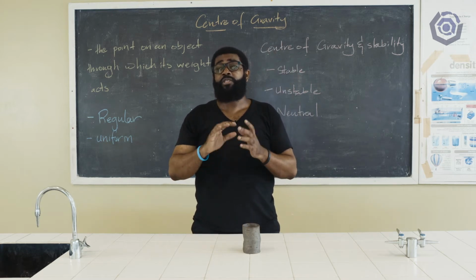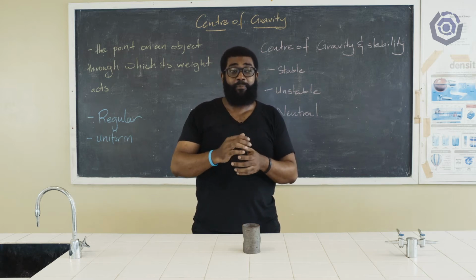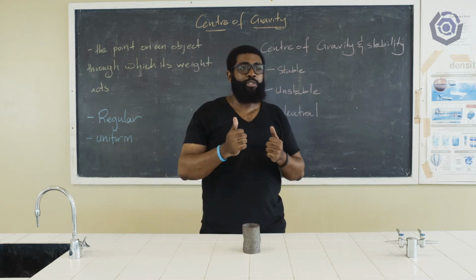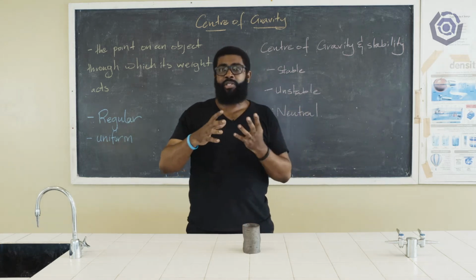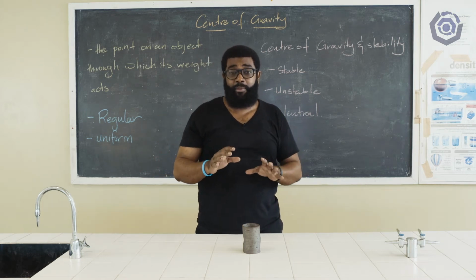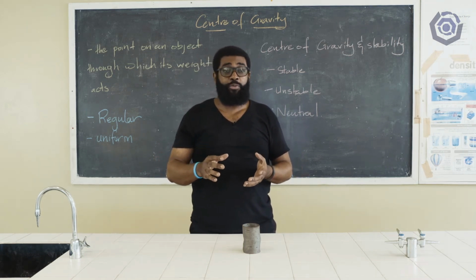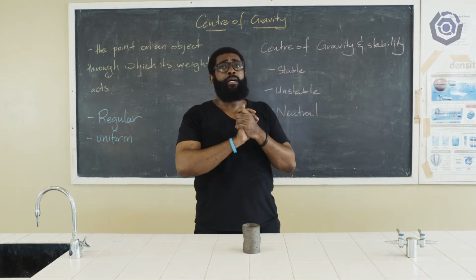Those things are very, very fun to have. Lovely old Guyanese custom. Now, if you have a full barrel or drum and you gently push it, it will wobble, but most times it goes back to where it was before you pushed it. That means it is stable. Some chairs are like that too. You push them and they tend to go back to how they were before you pushed them.